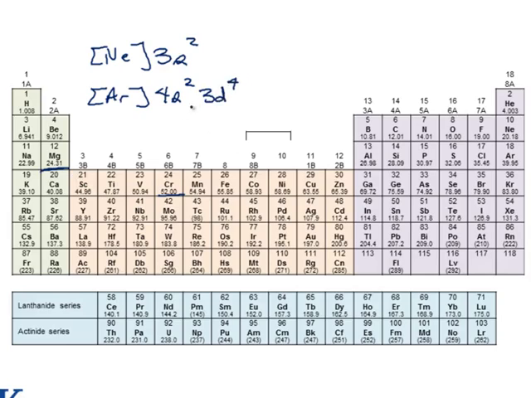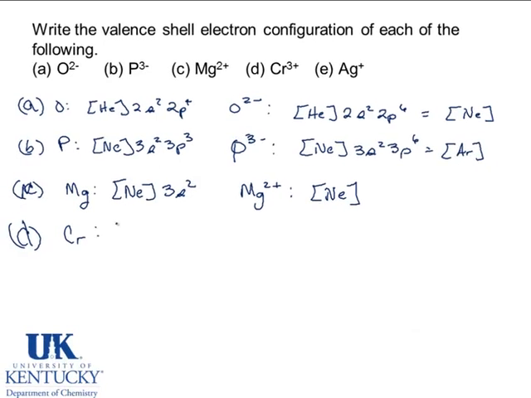Now we learned that when you do electron configurations of the transition elements, if we have 4 or 9 here, we're going to promote 1 up. So chromium is actually argon 4s1 3d5. So let's write that down. Argon 4s1 3d5.